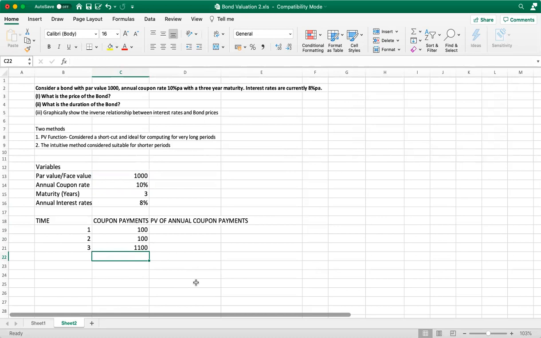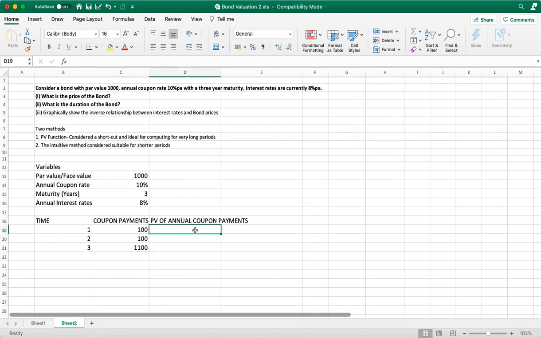Now, we are supposed to get the discounted coupon payments. So present value of annual coupon payments, if you recall, the formula was the coupon payment multiplied by 1 over 1 plus R from the theory. So we are basically saying we want to discount these coupon payments to the present.